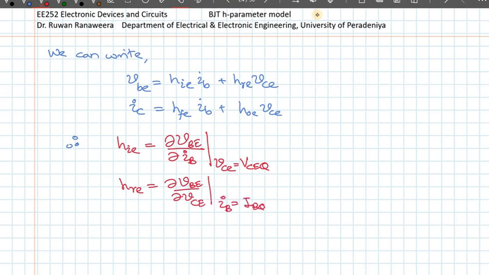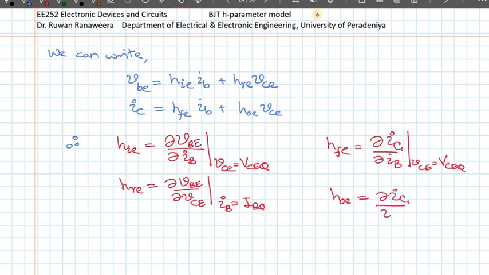And from the second equation, we can write HFE has to be equal to ∂IC over ∂IB at VCE equal to VCEQ, and HOE is equal to ∂IC divided by ∂VCE, then IB is equal to IBQ. So at operating point, these quantities, right?